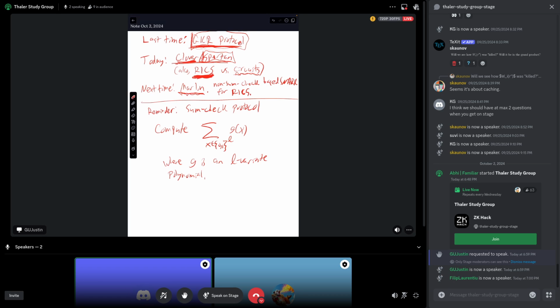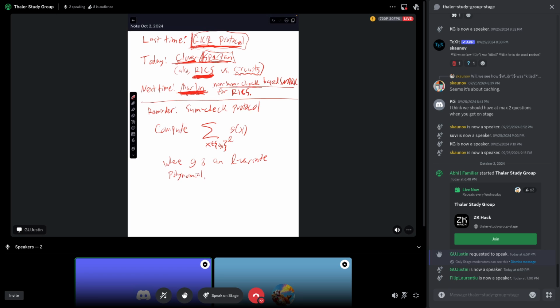The non-sum check based SNARKs like Marlin are very good for verifier costs. Unlike the sum check protocol, they have constant size proofs, somewhere between 3 and 10 cryptographic group elements, and that's it. Whereas the sum check protocol is always going to involve at least logarithmically many field elements.